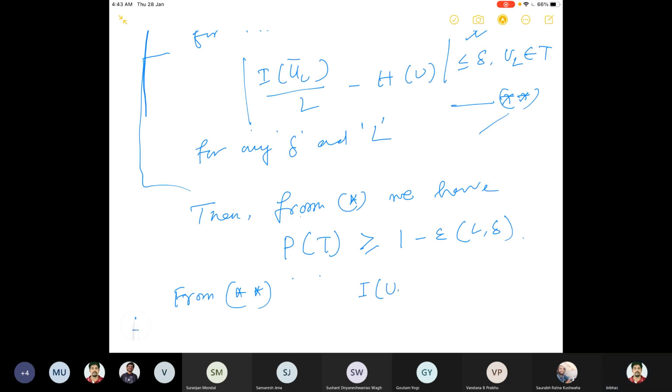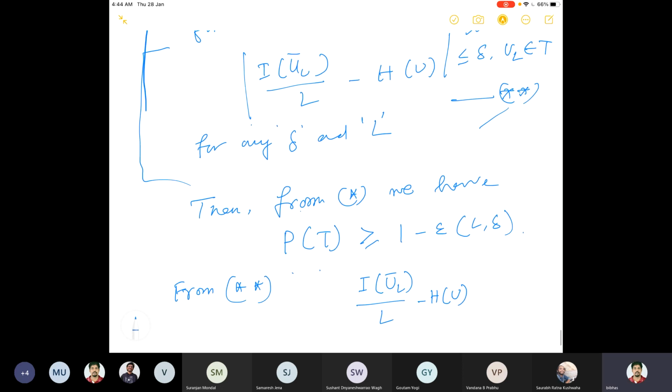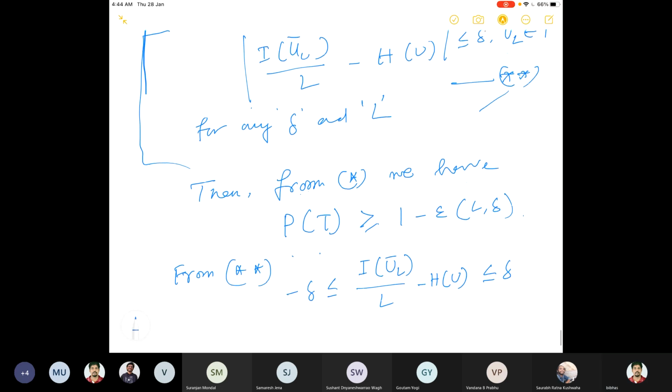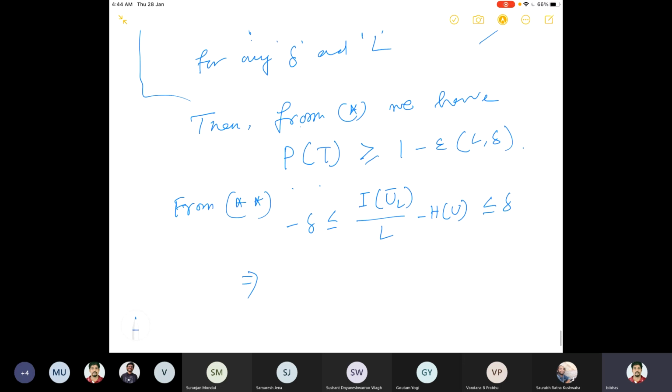I(U^L)/L minus H(U) would be less than or equal to delta and bigger than or equal to minus delta. Because the mod of this is less than or equal to delta, it has to be between minus delta and delta. Then we can add H(U) to both sides.